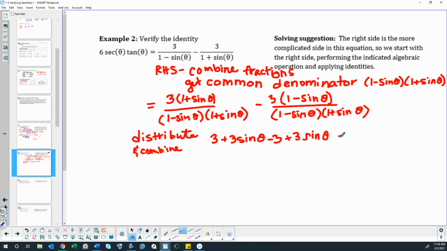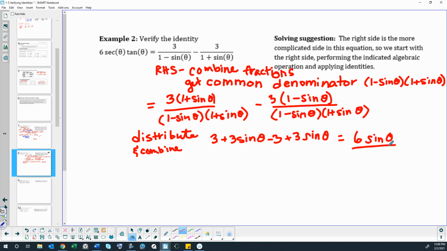Do you guys mind if I keep putting this all in one line? So what happens to my 3 and negative 3? And now I add my 3 sine theta and my 3 sine theta, which are like terms. 3 and 3 is 6, so the sine theta just goes along with it.